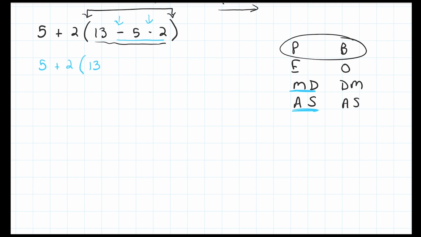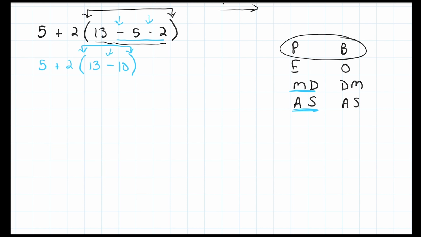A negative times a positive is a negative. 5 times 2 is 10. Okay, we've got our first operation done, that multiplication within the parentheses. There are still grouping symbols though, and there is still an operation within the grouping symbols, subtraction.